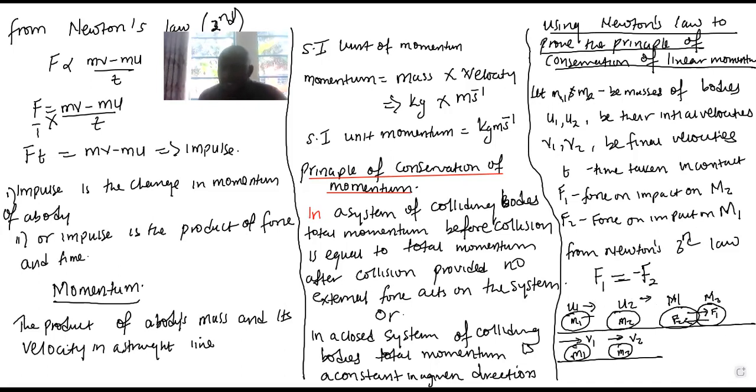So at that instant, at impact, we have force F1, which is going to be equal to mass M1 times the change in velocity divided by time. This is V1 minus U1. Then for F2, we shall have mass M2 into V2 minus U2 over T. But we have seen that at impact, there is action and reaction.